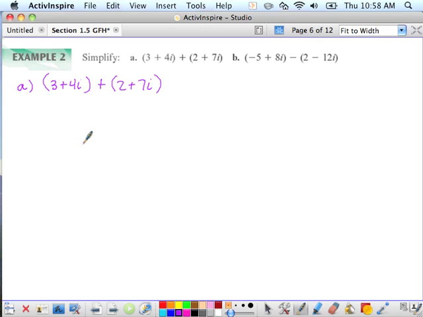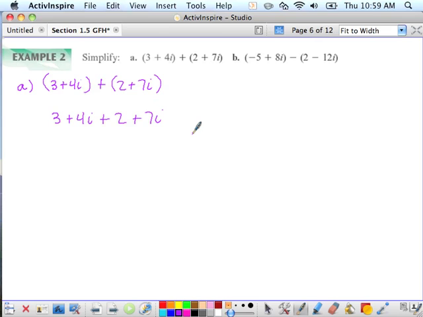What's the operation here? Add, subtract, multiply, divide. Adding. When we add, do we have anything to distribute? No, we don't have anything outside of these parentheses. So are the parentheses necessary? No. So we can just drop them. Let's drop them. So we have 3 plus 4i plus 2 plus 7i.